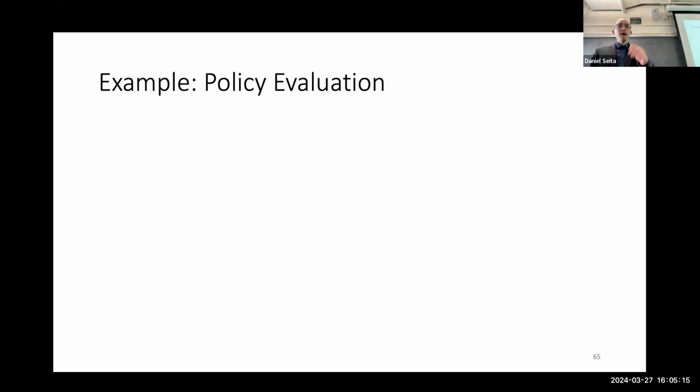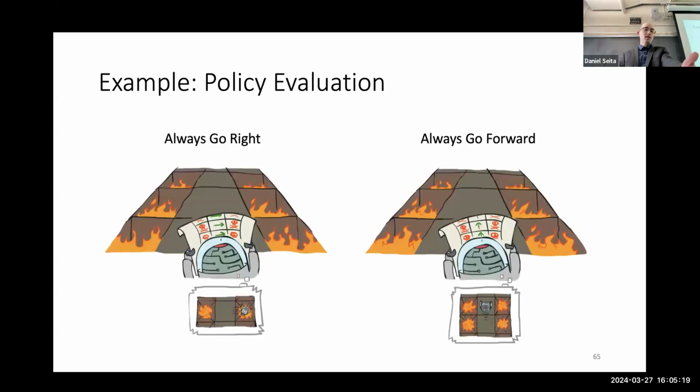So let's talk about policy evaluation. We have two policies. This was where we left off last time. One policy is always go right. One policy is always go forward. Evaluation just means characterize how good each policy is.